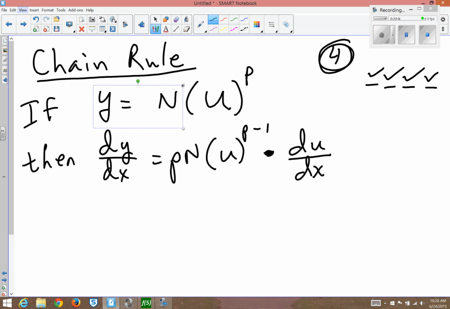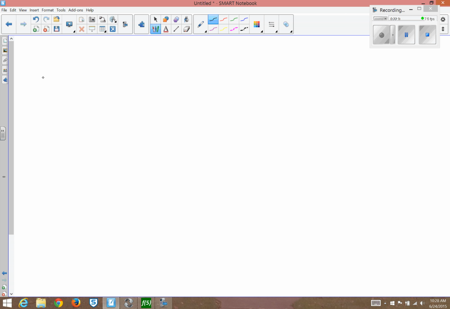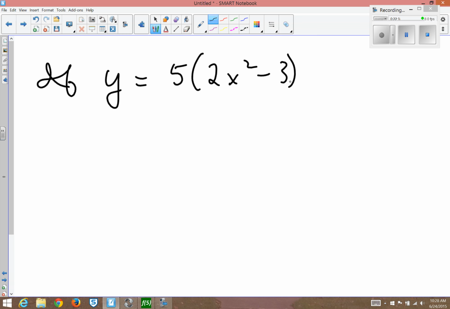An example is, if y equals 5 times 2x squared minus 3 to the second power, we're going to find the derivative of y with respect to x.